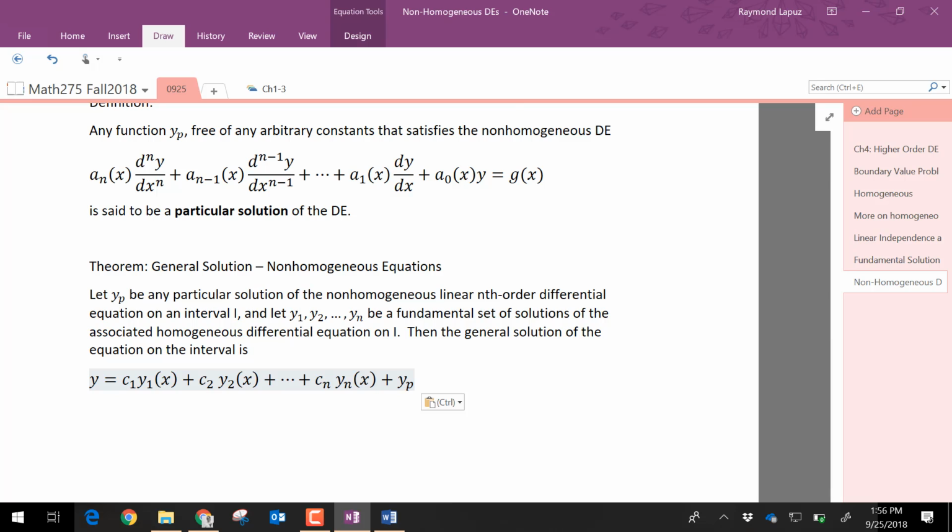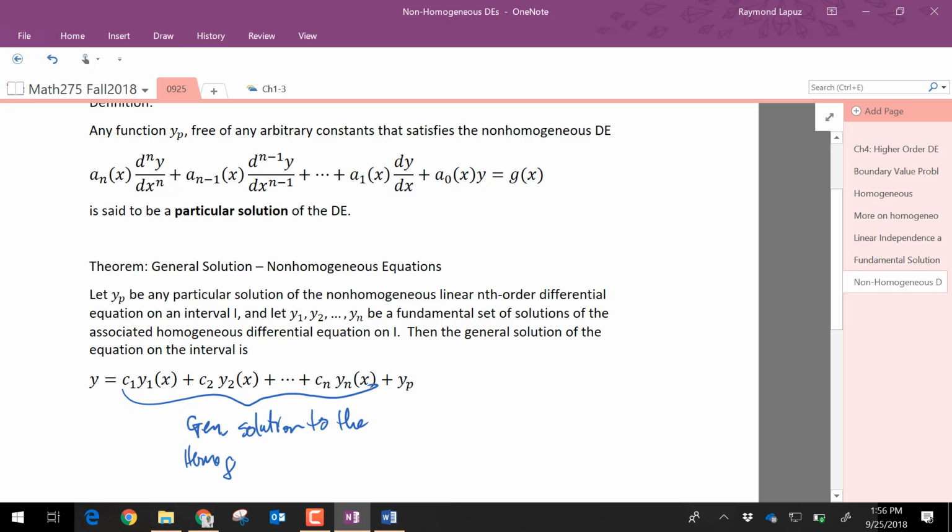So this, from the previous theorem, is a general solution to the homogeneous differential equation. And this is a particular solution to the non-homogeneous differential equation.